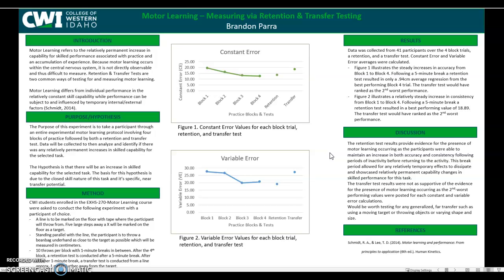So the purpose of the experiment was, like I said, to initiate motor learning.